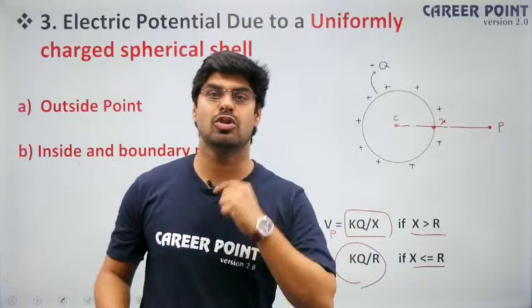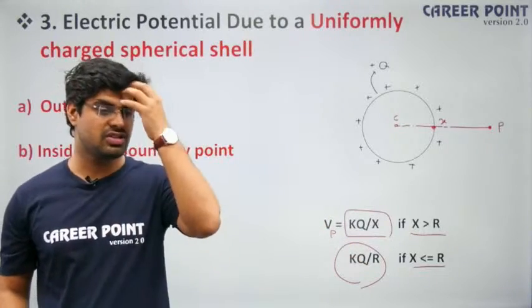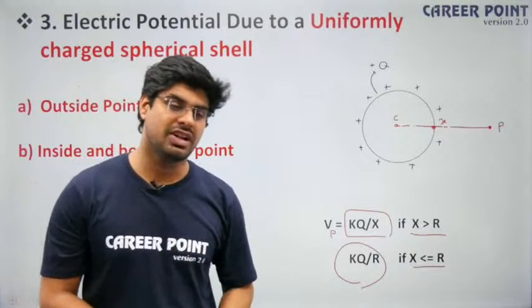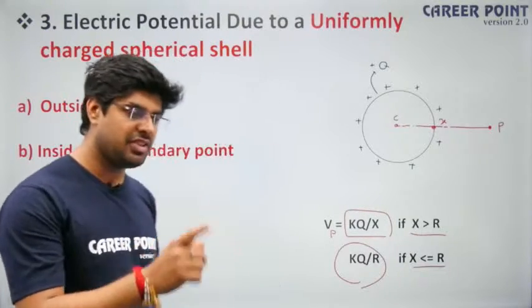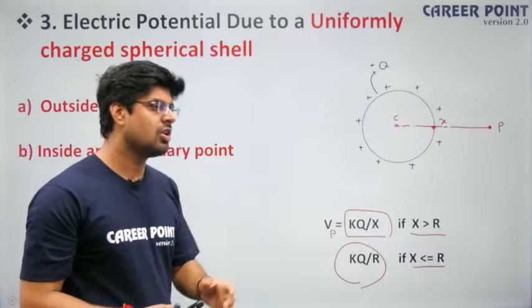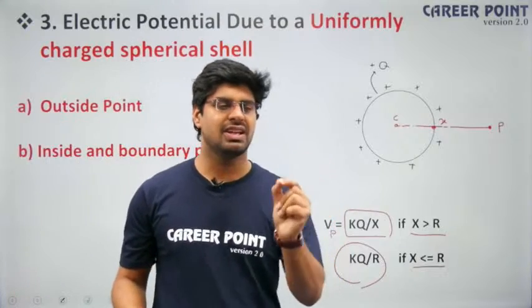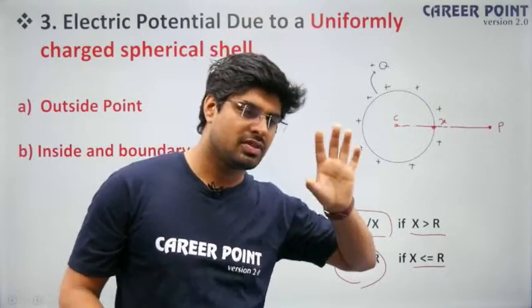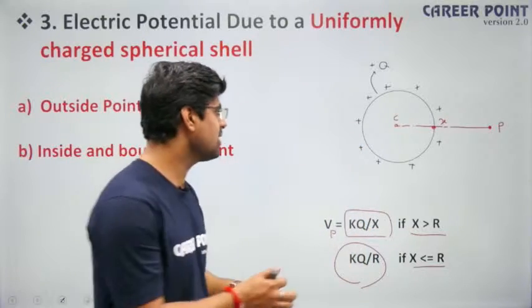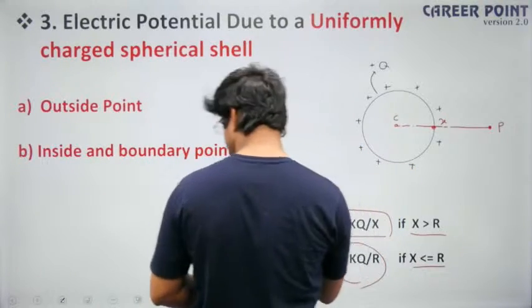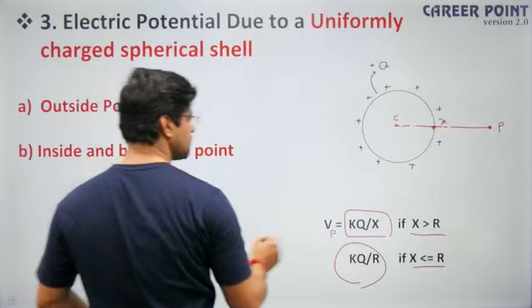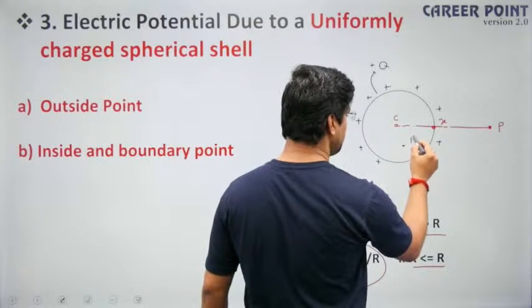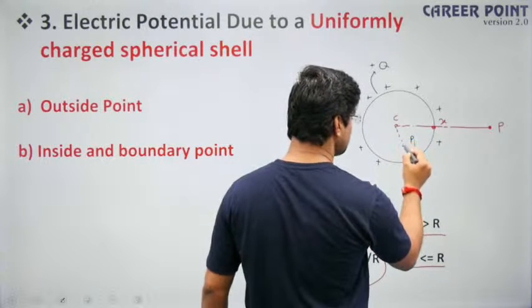Then we have to go back to the definition of electric potential. The definition of electric potential was the work done in bringing the charge from infinity to that point. Where is our point this time? Our point is an inside point, P in.